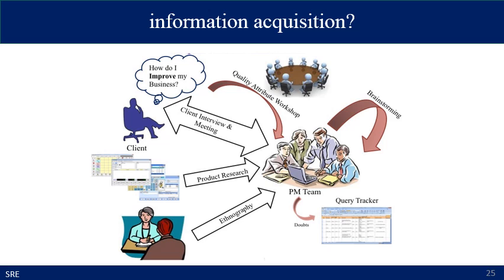Several methods can be applied to find out the actual information that is required to build the software project. And the client is the initial or fundamental stakeholder in the identification of requirement specification.